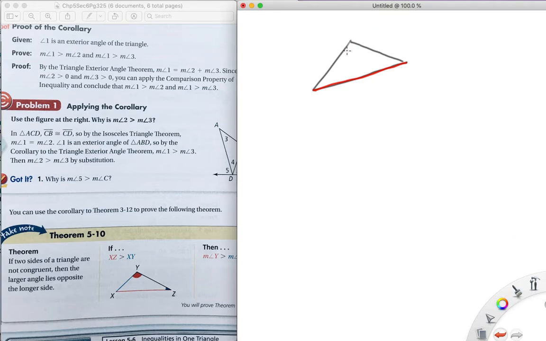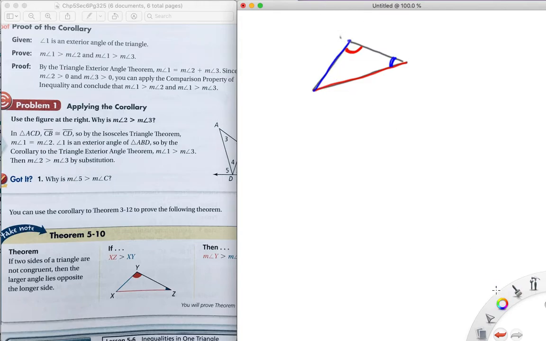So the angle opposite of this guy is going to be the largest angle. That's what this says. So X, Y, Z. We have side XY. We also have this other angle here, which is not as large. We have this other side here.